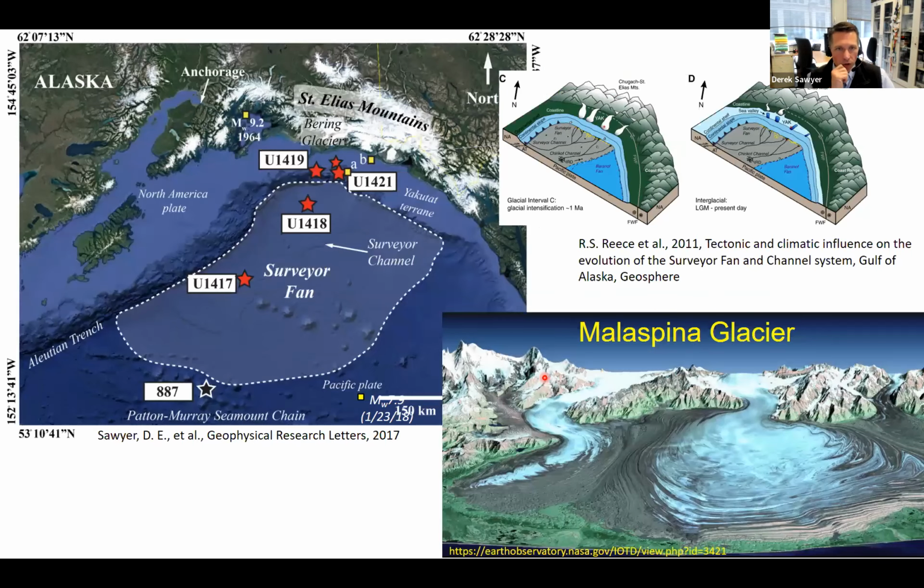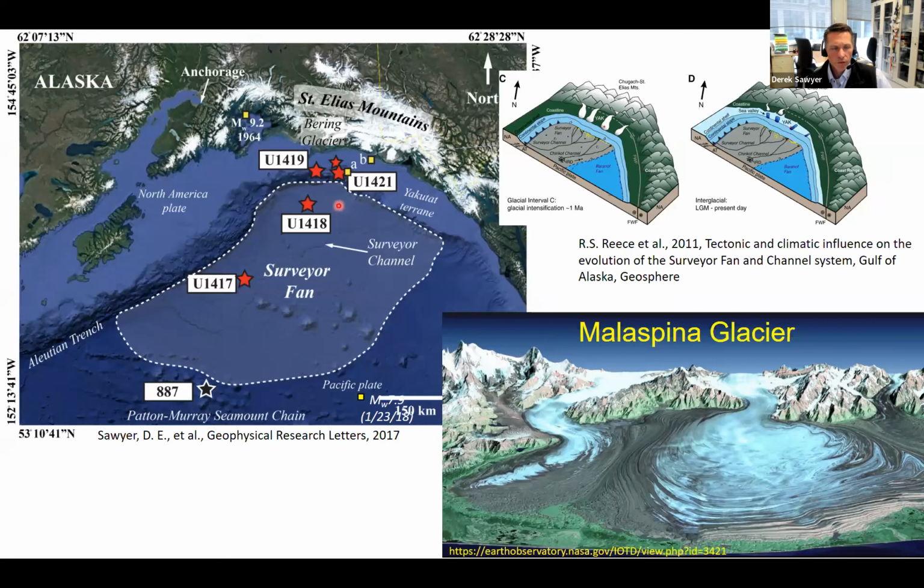One of the places that emerged as a good test location is this area offshore southern Alaska, southeast Alaska, where we have a very large underwater fan called the Surveyor Fan that's receiving all the sediments being shed from the coastal mountain range here, the St. Elias Mountains. There's a lot of sedimentation derived from these coastal mountains being funneled out into the deep ocean by these submarine channels, and so this big fan is being built over time.